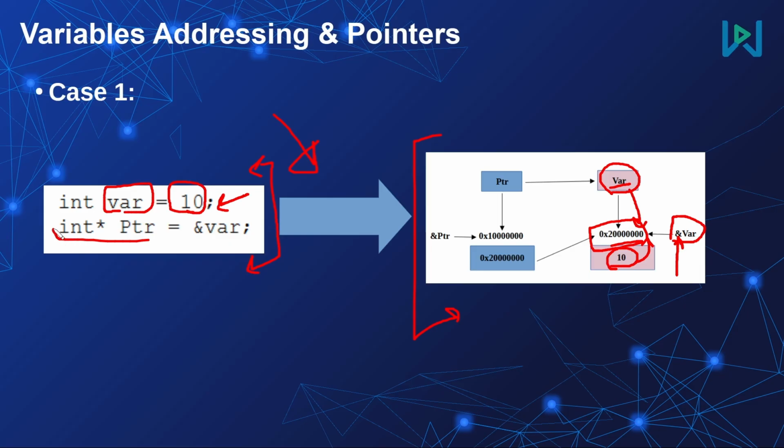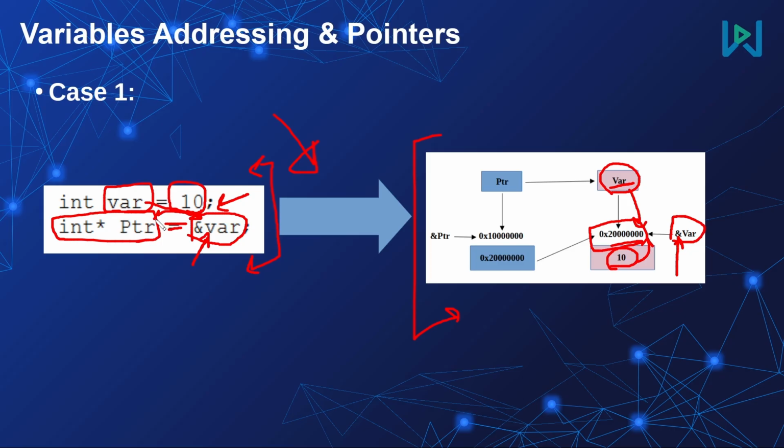In the next line, I have created this pointer. Then I made the pointer point to this variable, meaning I used this variable to initialize the pointer. To do so, I need to pass the address of the variable to our pointer.